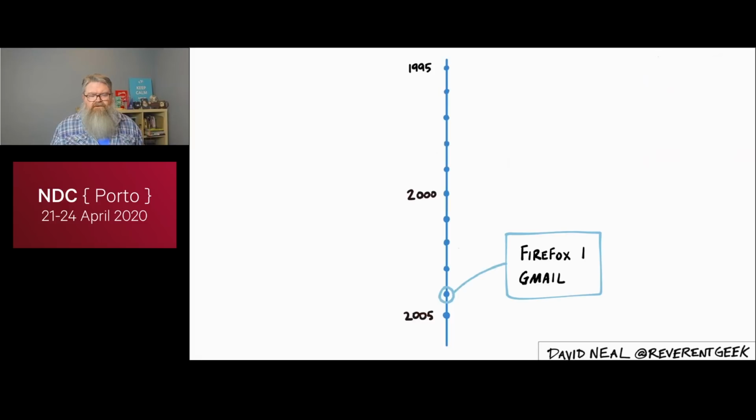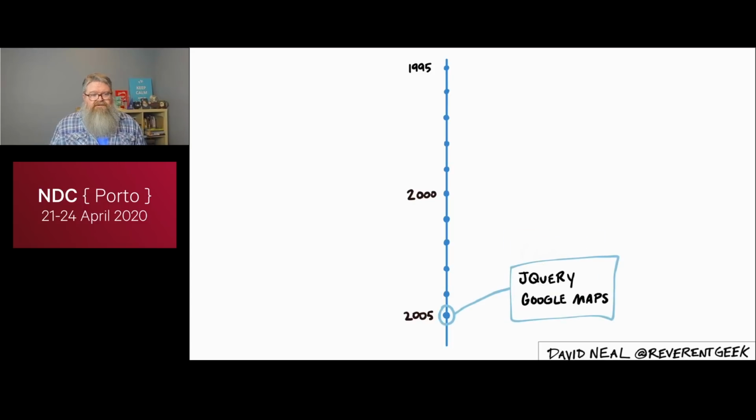But around 2004, Firefox comes out, and web developer tools get created for the Firefox browser, and Gmail comes out. Gmail, along with Google Maps, took browser apps to a whole new level, never thought possible. And they demonstrated to the world what the browser was capable of.